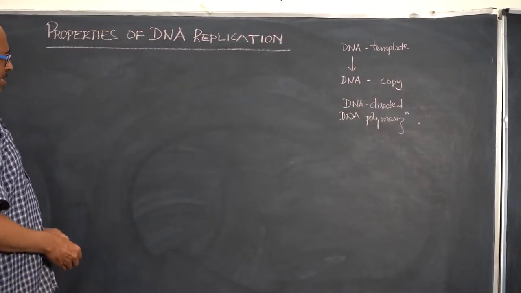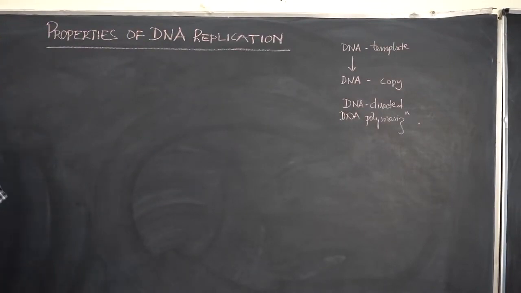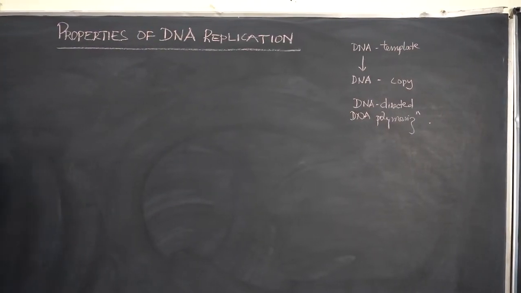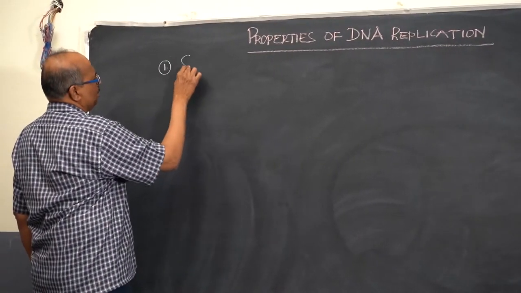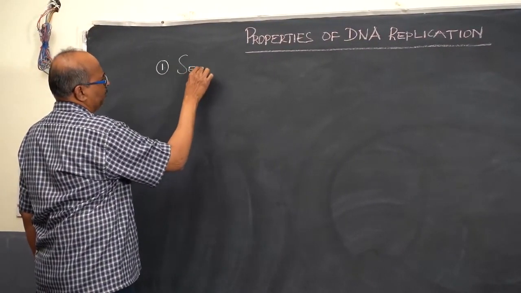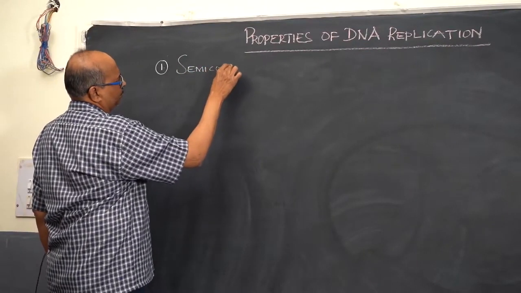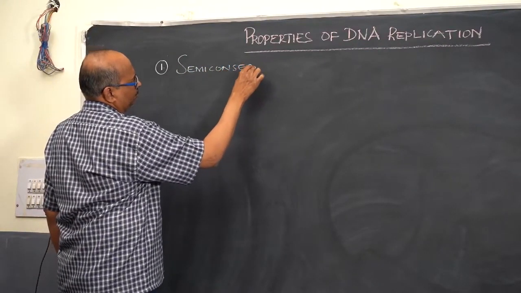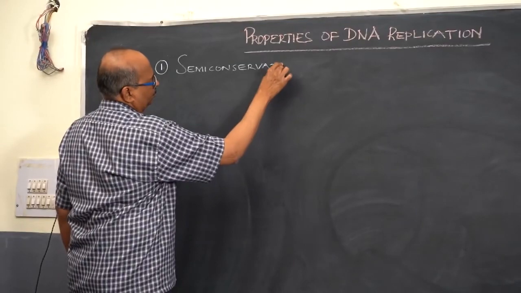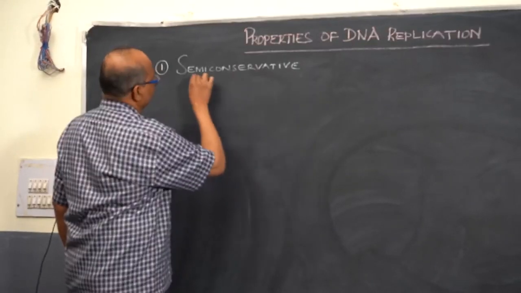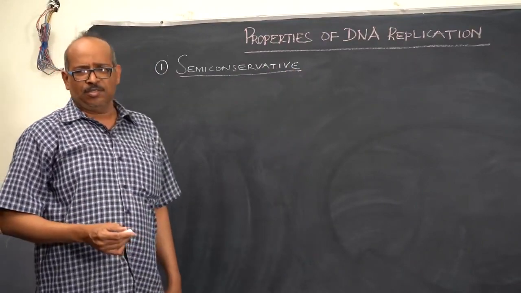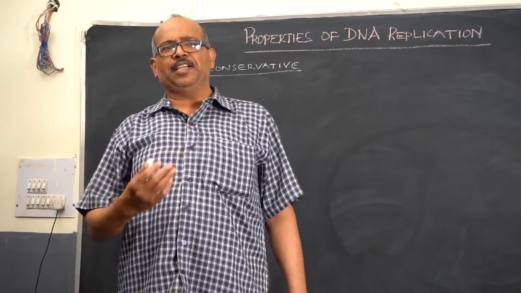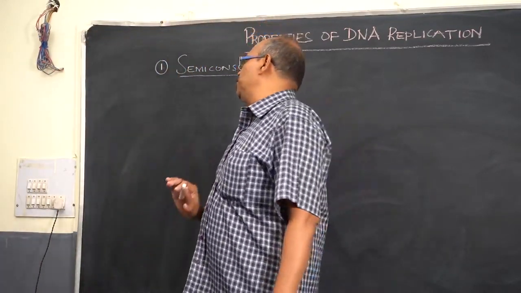When you look at the characteristics, the first character that we consider, which is almost universal, is that the replication process is semi-conservative. And when you say semi-conservative, 50% of the parental DNA will be conserved.